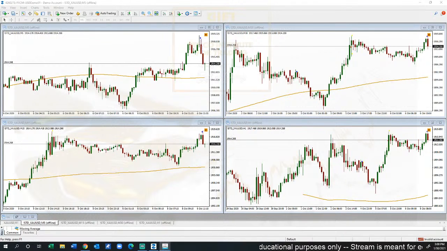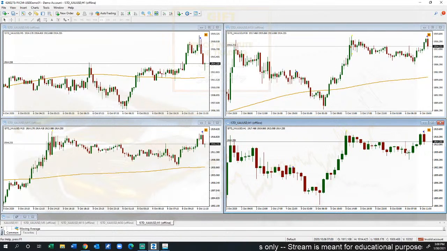But I do think, based off this hour, if it doesn't break this hour low, that previous candle, let me zoom in here. If it doesn't break this previous hour low right here, I think either this hour or the next hour is going to pump up.